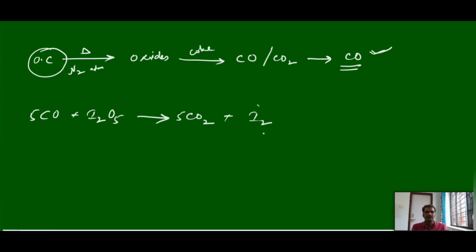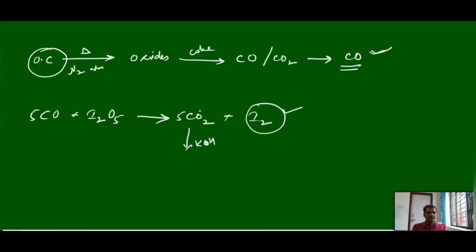Here the amount of iodine liberated can be estimated by using hypo solution, that is the iodometric titration, or else you can pass the carbon dioxide produced in this chemical reaction into potassium hydroxide. Then you can calculate the weight of carbon dioxide produced.